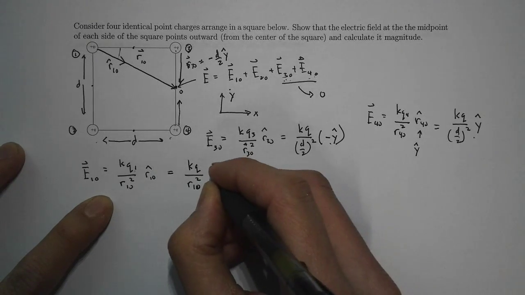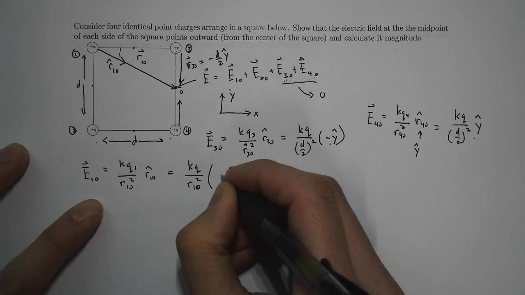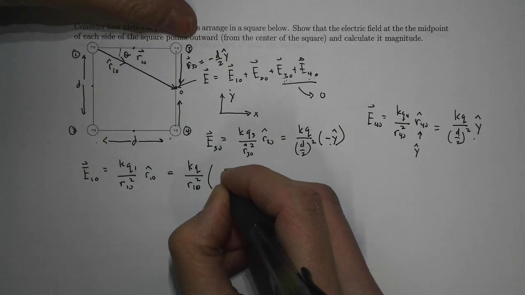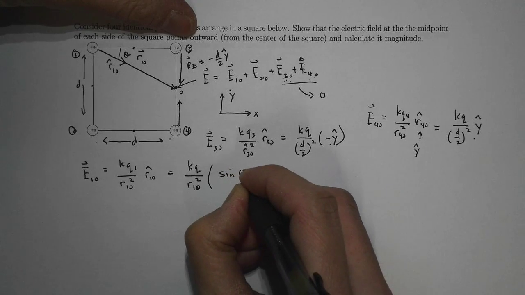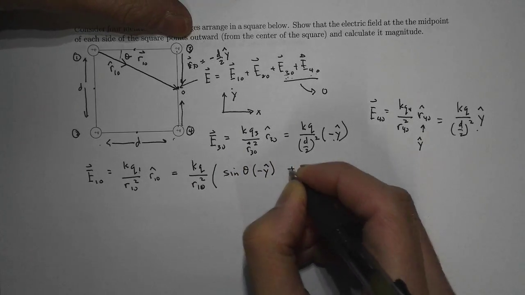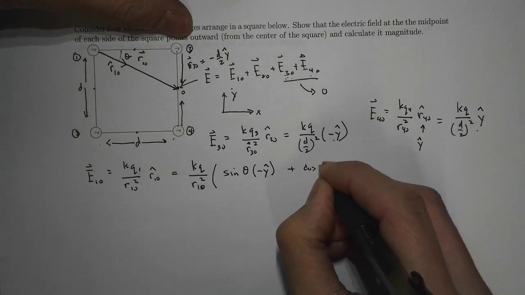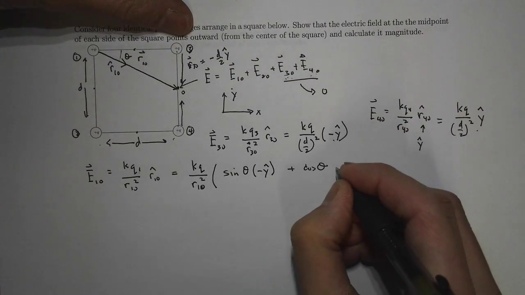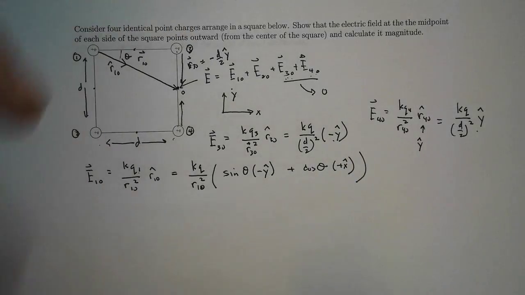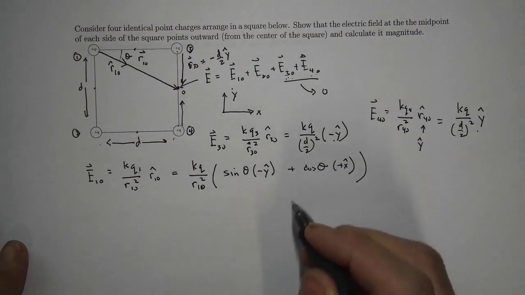And then this hat term is just going to be, let's call this angle theta here, sine theta in the minus y hat direction plus cosine theta in the positive x hat direction. Okay, like I said earlier, we don't really care about what the angle is.